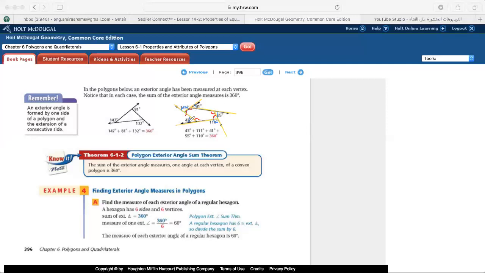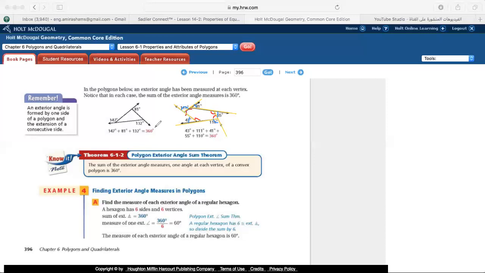If the shape has 5 interior angles, it has 5 exterior angles. For example, the triangle has 3 interior angles, so it also has 3 exterior angles. Any shape in the world has interior and exterior. So the sum of exterior angles of any polygon is equal to 360.